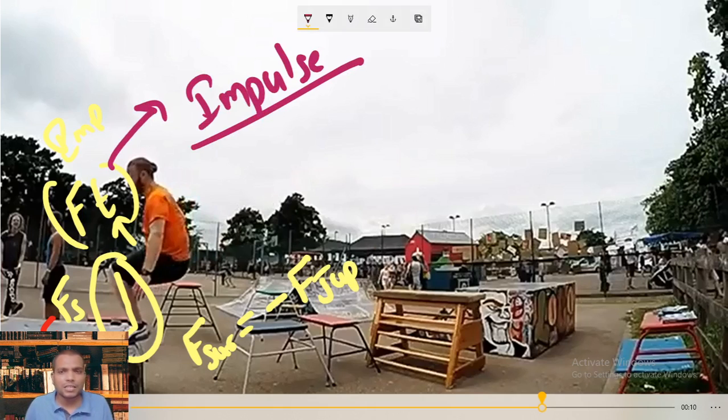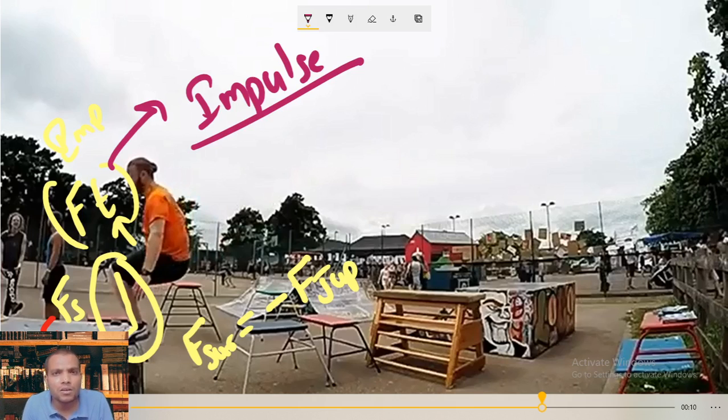The same technique can be applied while catching. Suppose you are catching a ball, as cricketers do. The ball has momentum, mass into velocity. If you catch the ball just like that, our hands get hurt because the ball comes to rest very fast.